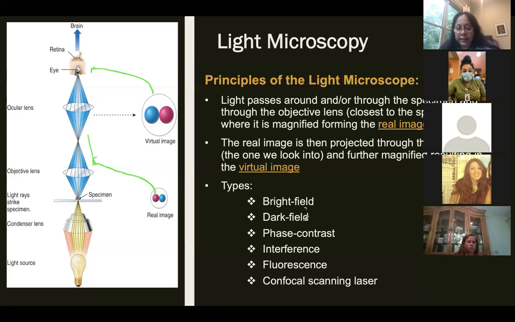All these, bright field and dark field, are types of light microscopy, where we use light to observe or to create the image. But how we utilize the properties of light differs from one to the other, and that's how we have so many different types of microscope.